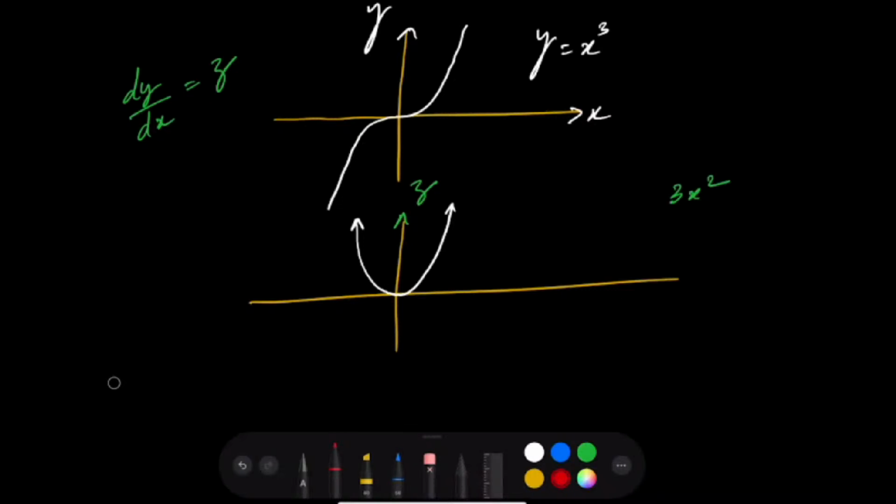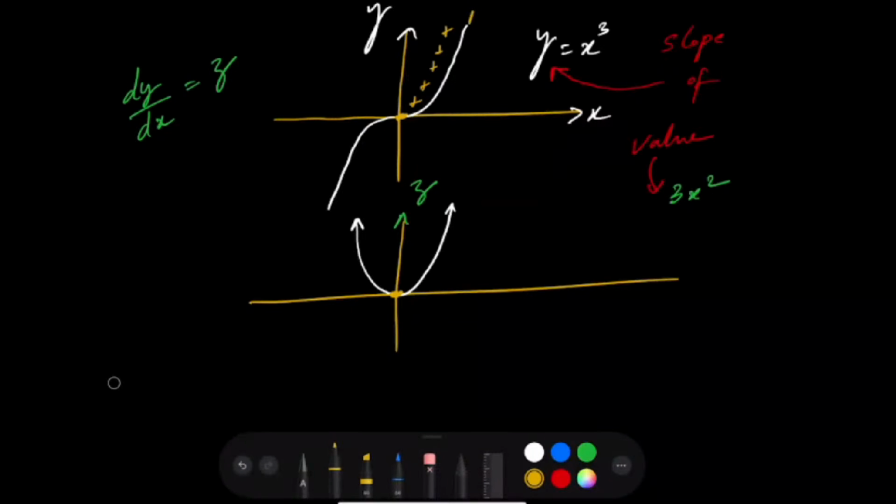Now the slope of this function should be the value of this function. Let us see. So what is the slope of this function? It is 0 here. So here the value is 0. Here slope is positive, right?